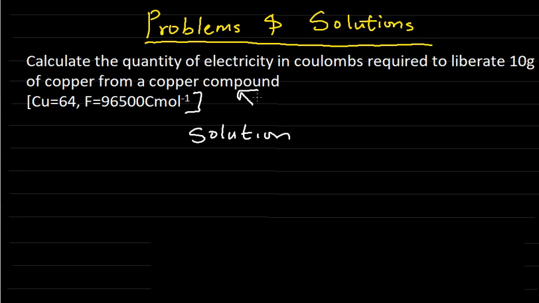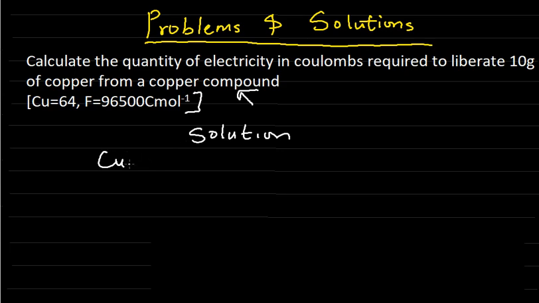First, we have to know the number of Faraday, because the number of Faraday will tell us the quantity of electricity, based on the number of electrons transferred in the redox reaction. So how do we get to know that? Since we are talking about a copper compound, it can be CuSO4, but let me not assume it is CuSO4.